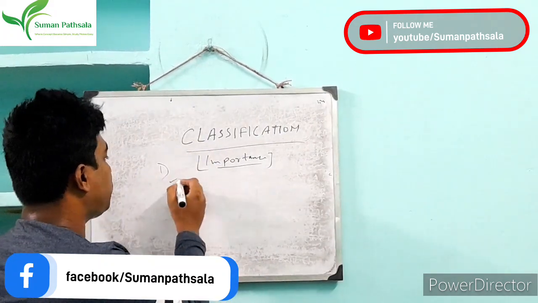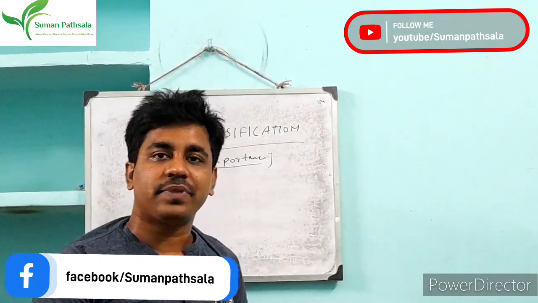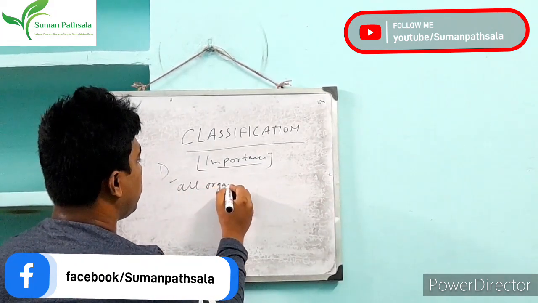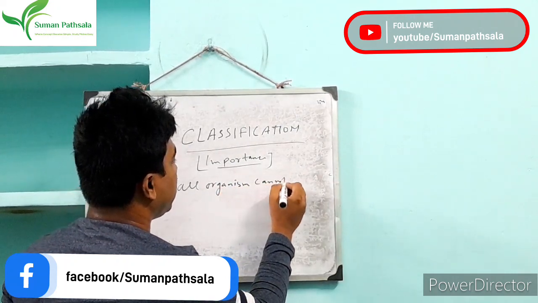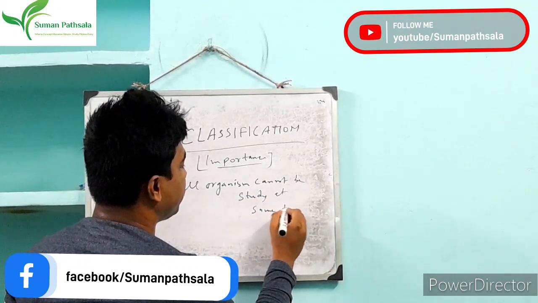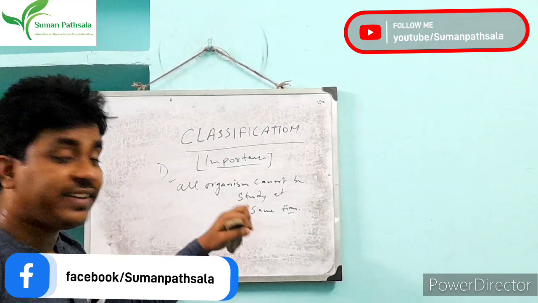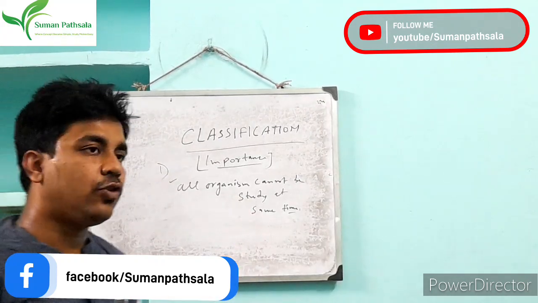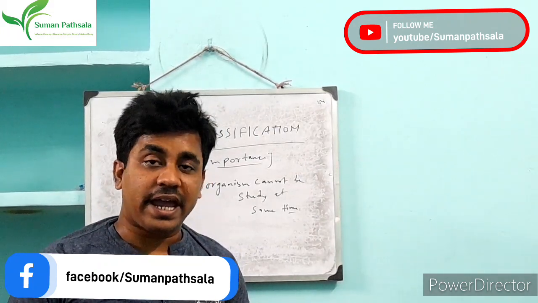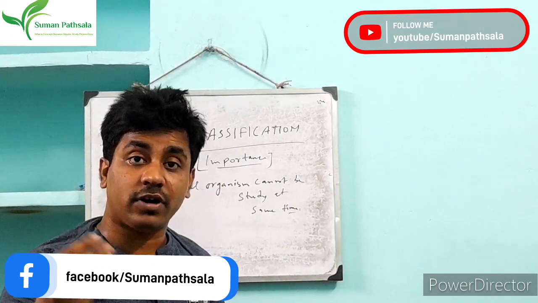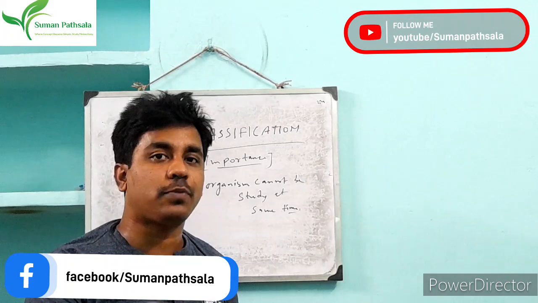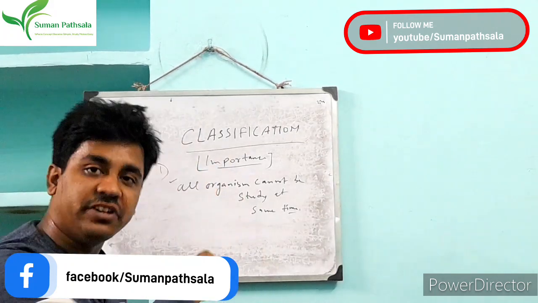This is the first point: all organisms cannot be studied at the same time. There are so many organisms in different surroundings in the world, and to study them you have to see their characteristics and go in different ways, but it is not possible. So that's why classification is needed.